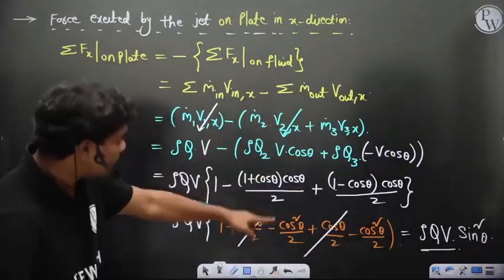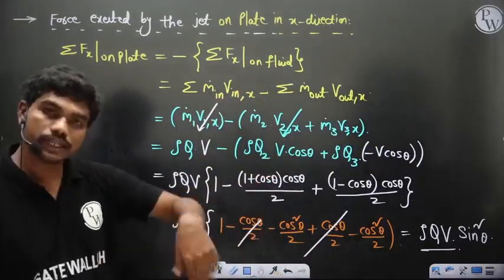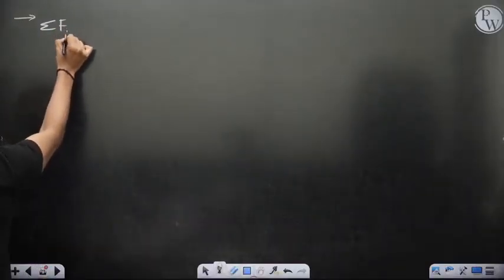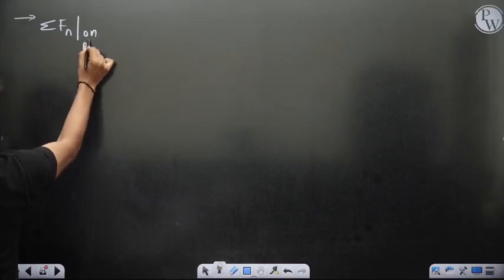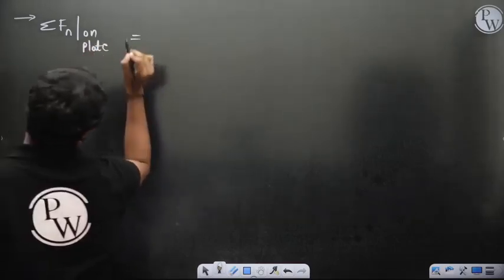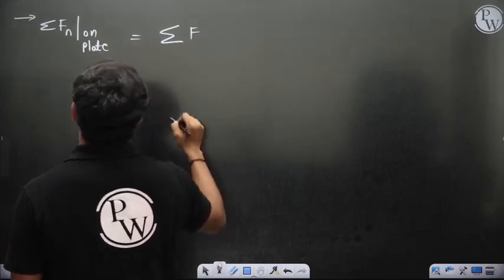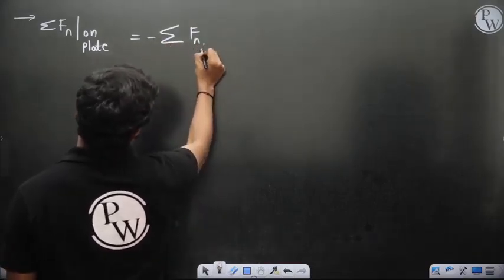The same thing, without doing this much trigonometry, we can still get easily. Look, I'll tell you. Sigma Fn on plate is equal to minus sigma Fn on fluid, the job will be much easier.